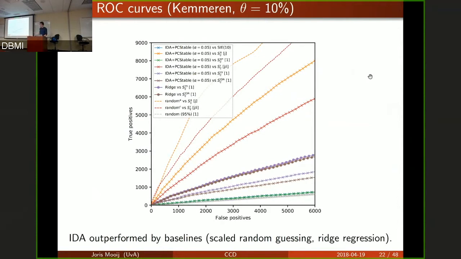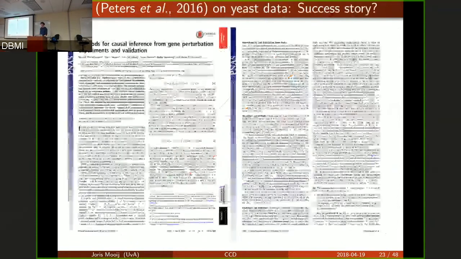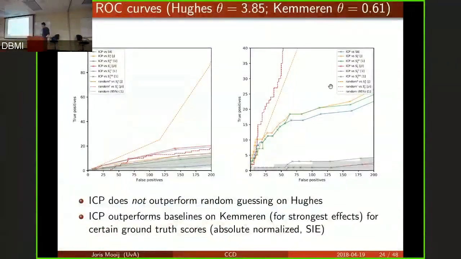So I guess that's bad news for IDA on yeast data. There we are basically predicting sigma j, which is boring. But ICP seems to be doing significantly better than random guessing for this absolute normalized ground truth measure, and also for the strong intervention effects, the green and the blue one.